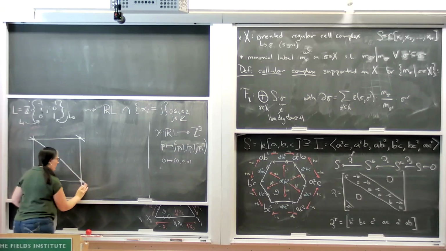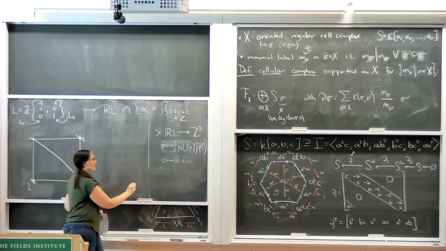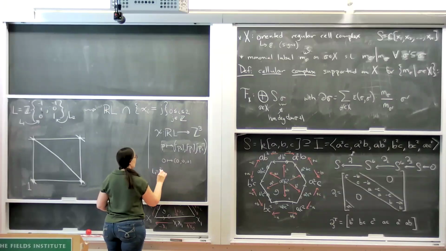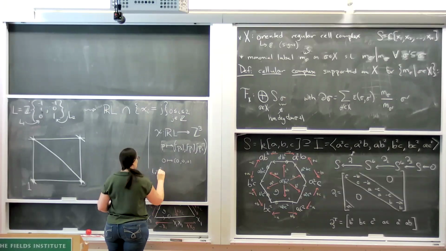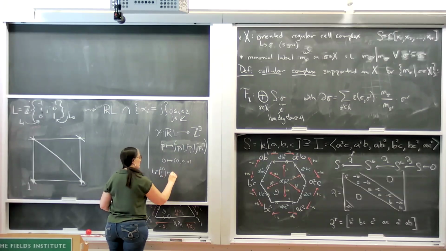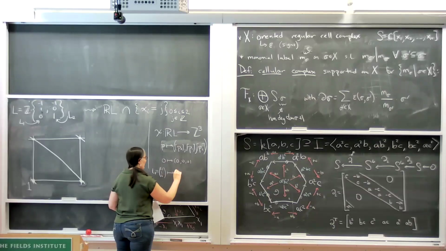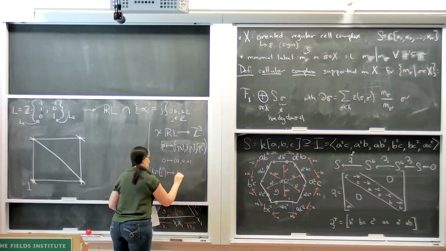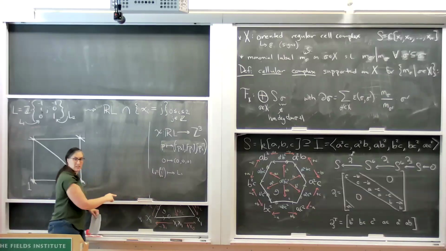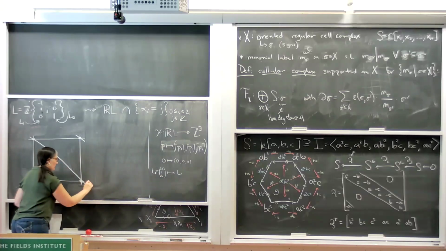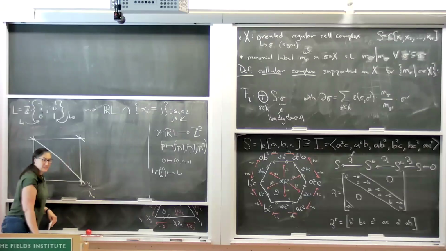Now let's look at L1. L1 was -1, 1, 0. Ceilings of integers are not interesting, so L1 maps to L1, and I turn this into a monomial: x1 over x0.